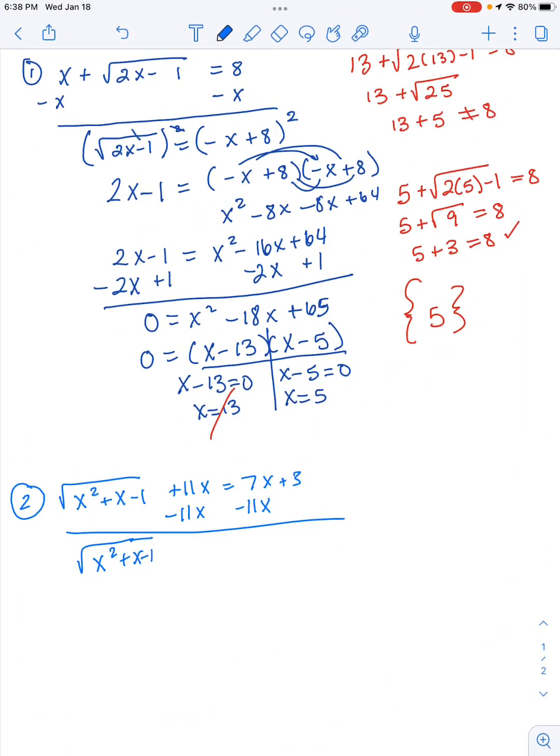Okay, that's going to be negative 4x plus 3. Okay, we're going to square both sides to get rid of that square root. We're left with x squared plus x minus 1 is equal to, I'm going to FOIL here.